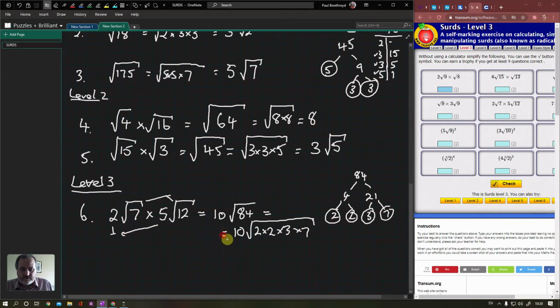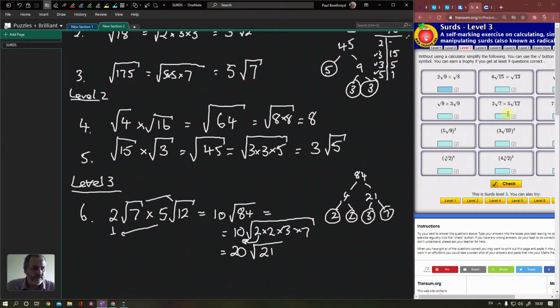This is equal to, take the 2 out, so I've now got 2 times 10 is 20. And the 3 times the 7 is 21. So 20 times the square root of 21.